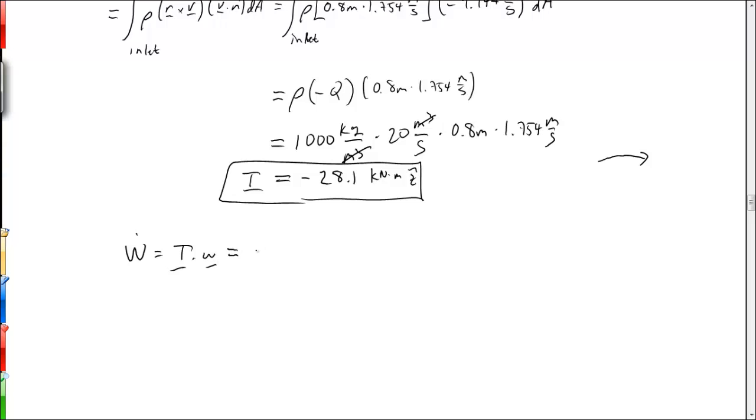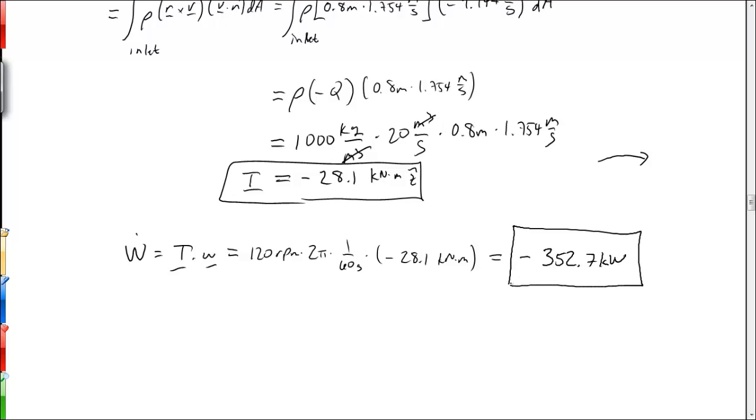And so that's going to be equal to 120 RPM times 2 pi times 1 over 60 to convert to seconds, times minus 28.1 kilonewton meters, which is going to end up being minus 352.7 kilowatts, meaning that we are extracting this amount of power from the turbine.